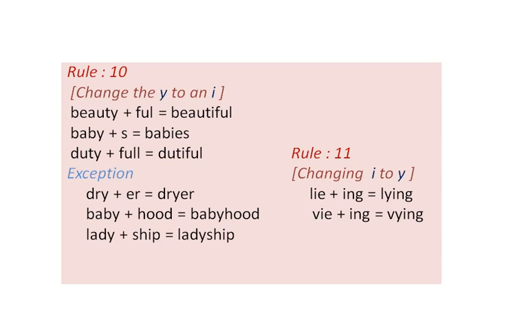In the word beauty, we see that there is a Y, and after adding the suffix ful, the word has turned into beautiful and it has excluded the Y and turned it into I.